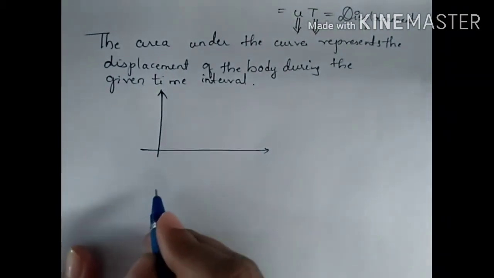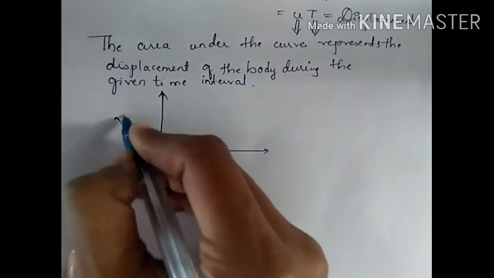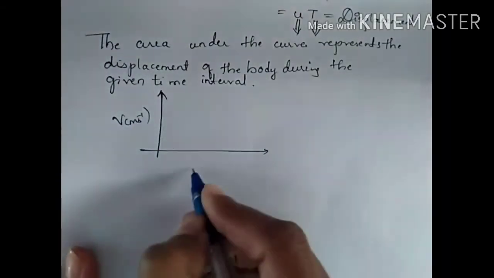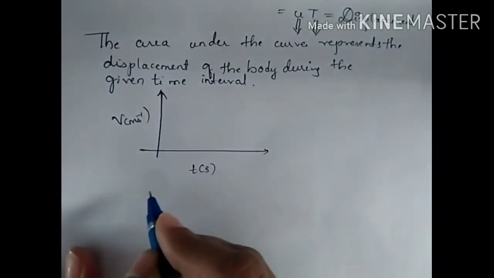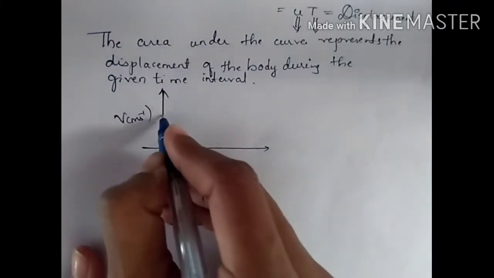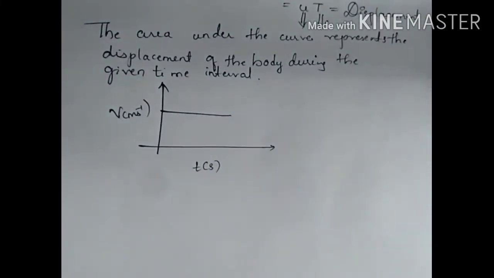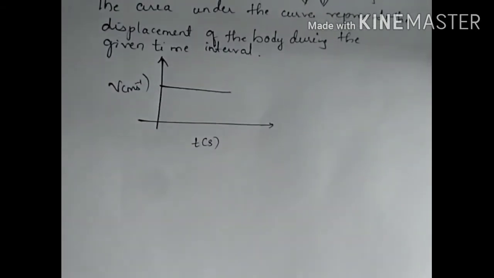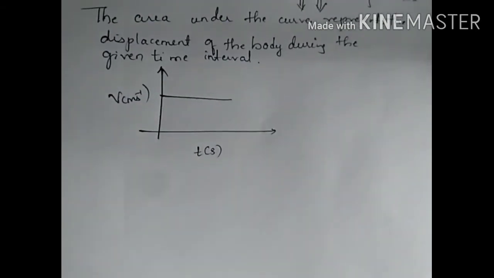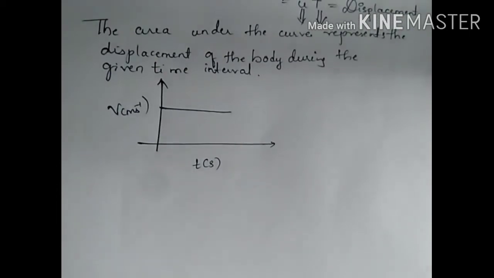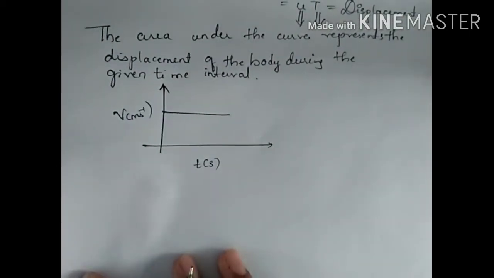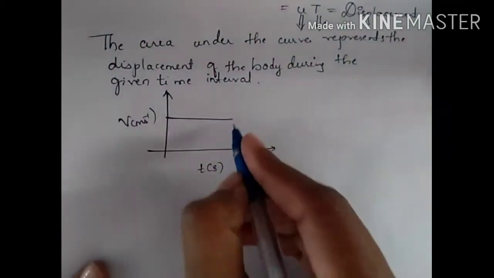So here we are considering a body which is moving with uniform velocity. For uniform velocity, the velocity time graph is a straight line which is parallel to the time axis.